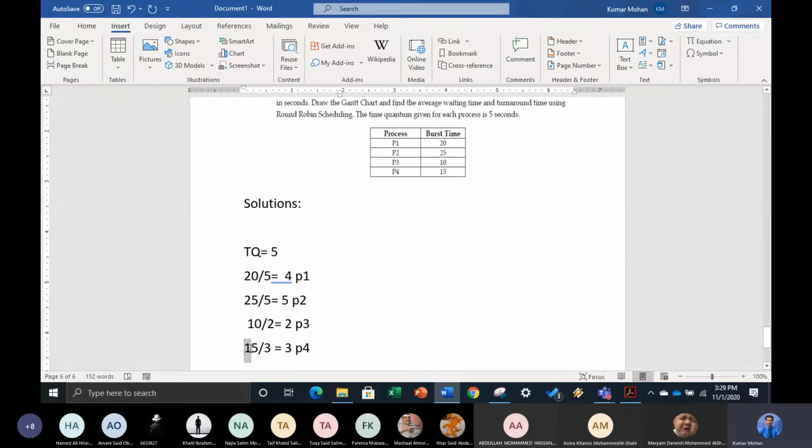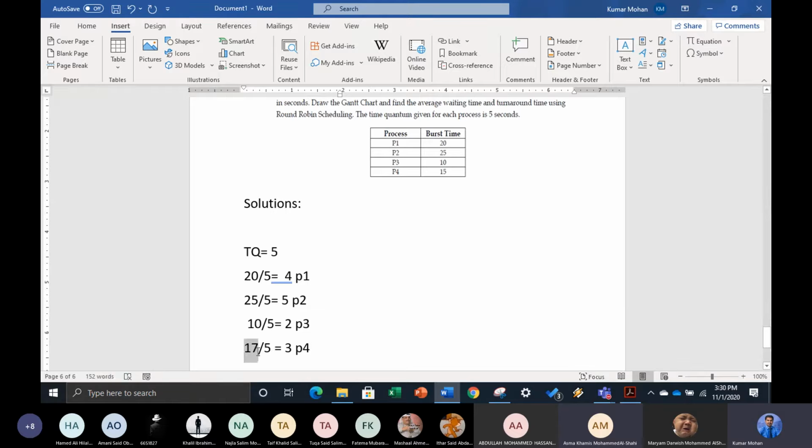So for example, if I give 17 here, how many times will P4 come? 10 divided by 5, not 2.